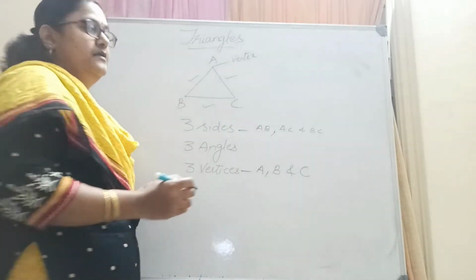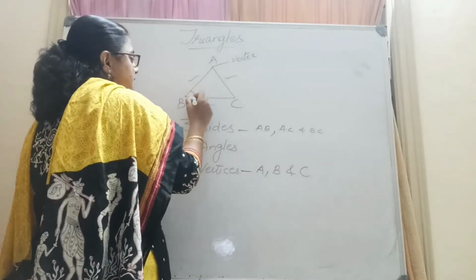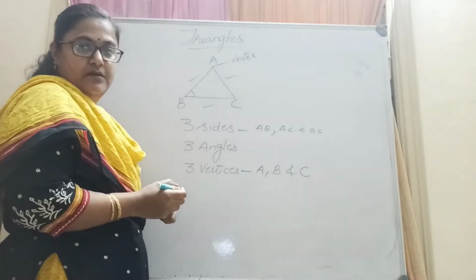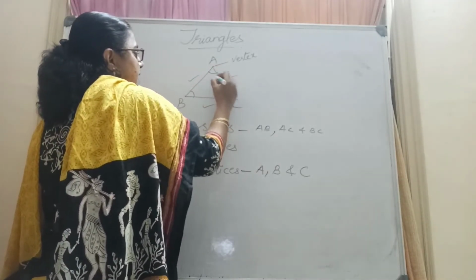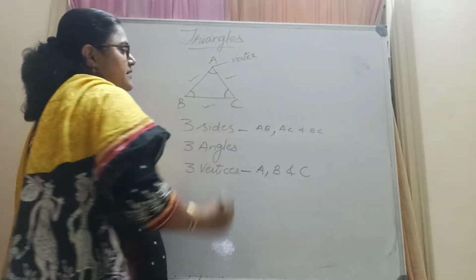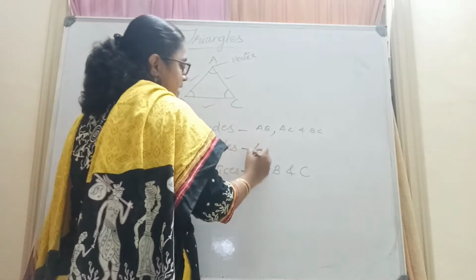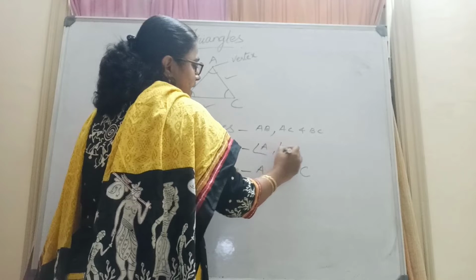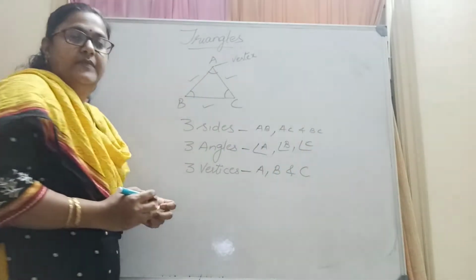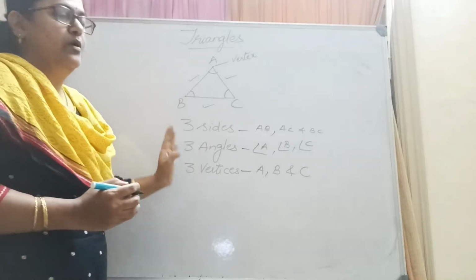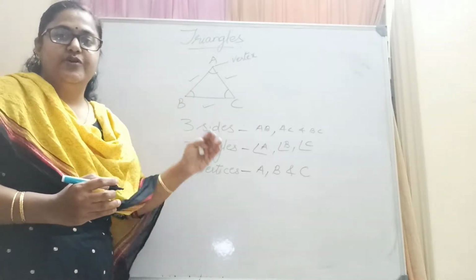Right? Now, there are three angles formed between pairs of sides. That is angle A, angle B and angle C. So these are the basics about a triangle which you have already learned.